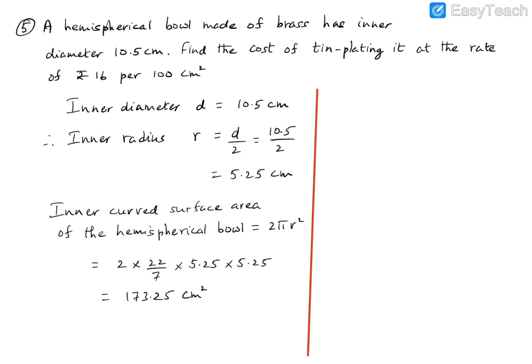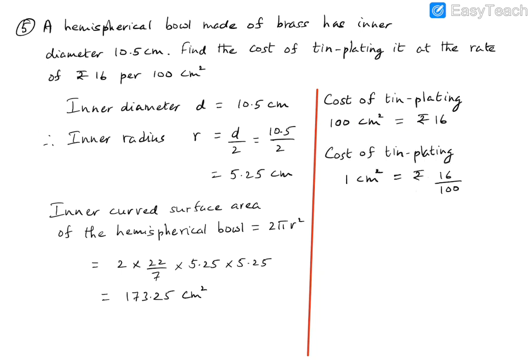Okay, so we have got the inner curved surface area value, and we are now given that the cost of tin plating 100 centimeters square is rupees 16. So let's write that. We have the cost of tin plating 100 centimeters square as rupees 16, which is given in the question. From this we can calculate the cost of tin plating 1 centimeter square, which will be 16 divided by 100.